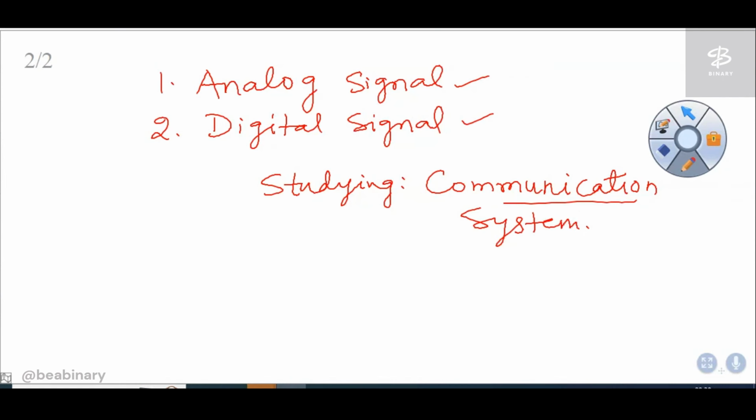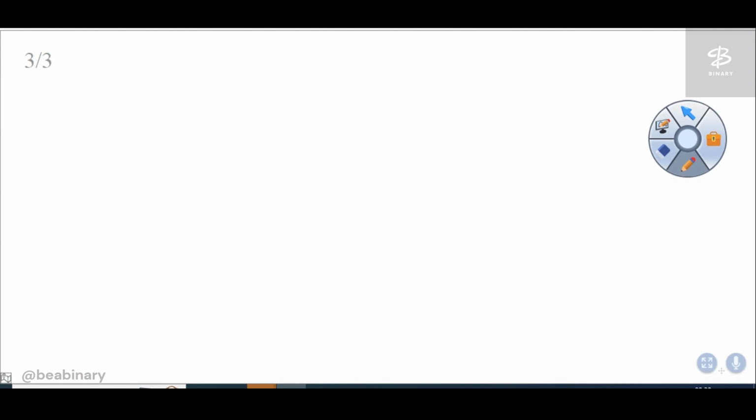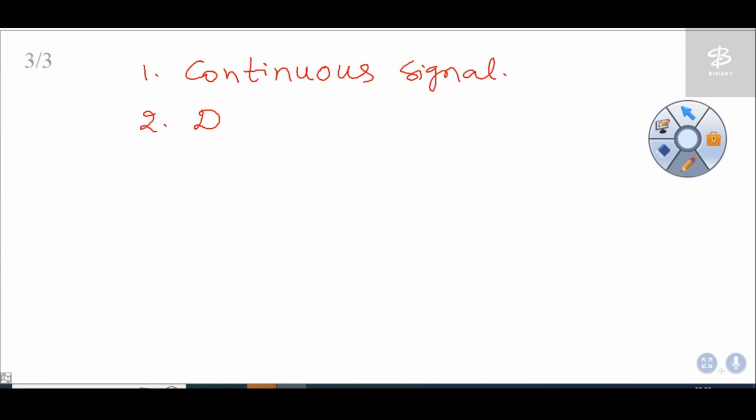But in this subject, when we are studying signals and systems, we are generally discussing two very important types of signal. One is called the continuous signal, and another is the discrete type signal.